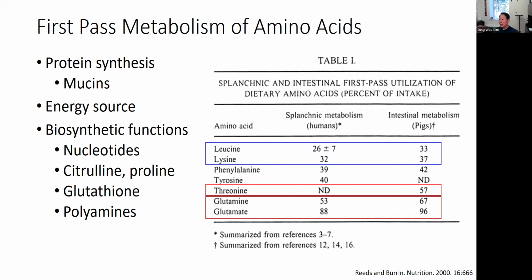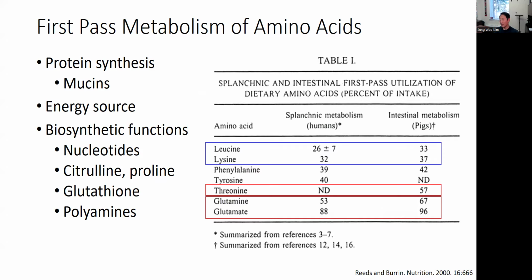If you look at lysine, if humans or pigs ingest 100 grams of lysine, 30 grams, 30%, will be used by the intestine or by the splanchnic bed, including intestine, pancreas, and spleen. Well, that's a significant amount, right? So we should not ignore this first pass metabolism.